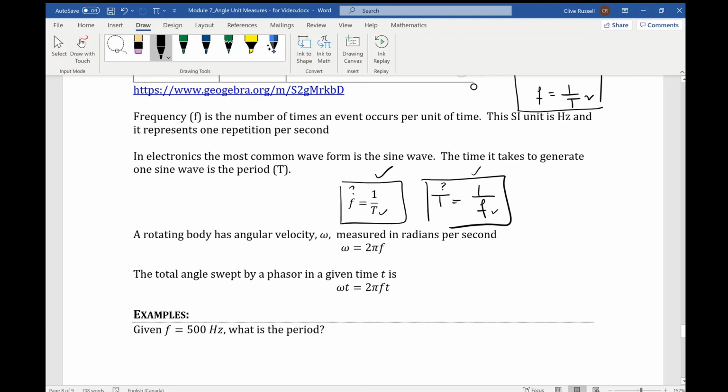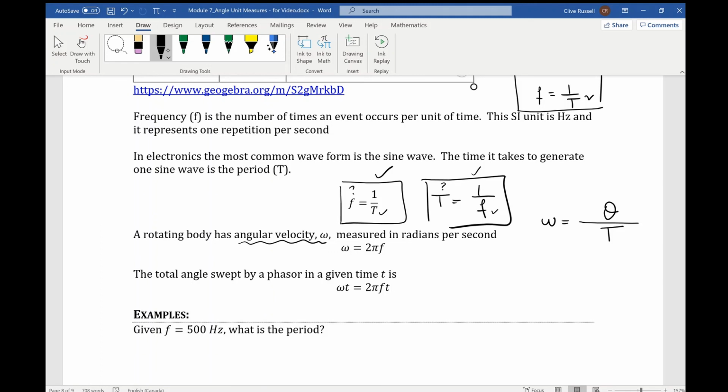Now, if a body is rotating, there's something called the angular velocity. Velocity is normally distance covered per time, distance over time. But for angular velocity, it's really the angle theta divided by the periodic time.